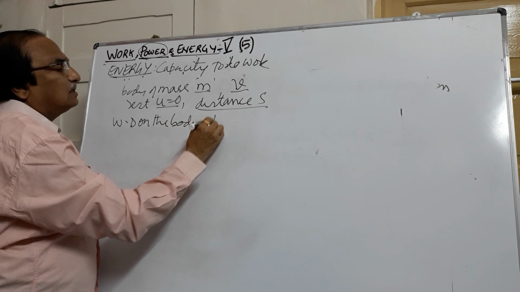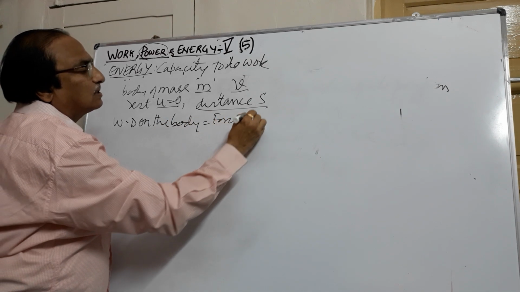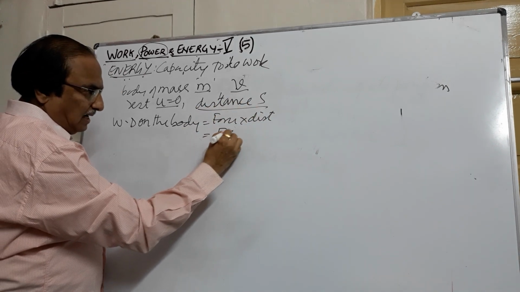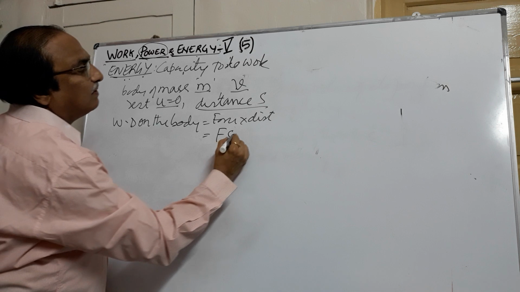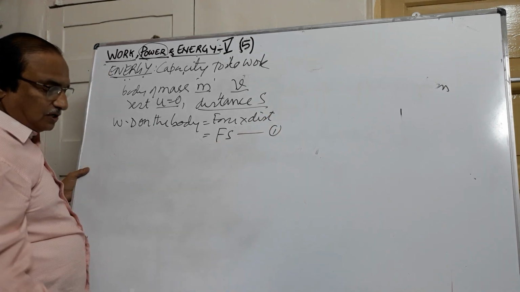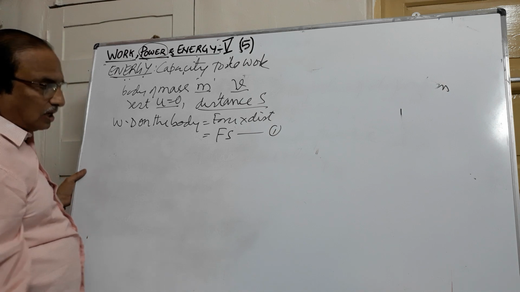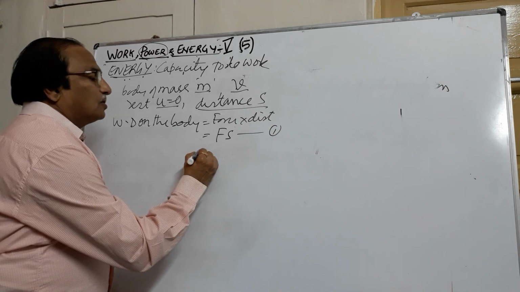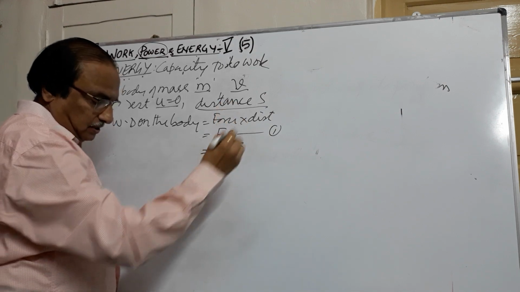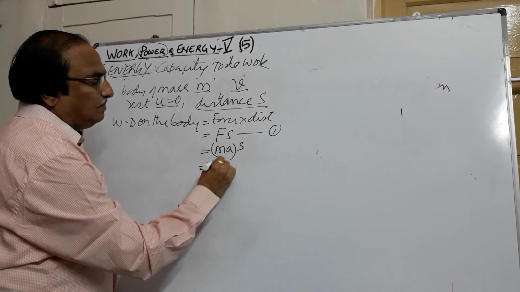we know work done is force into distance. So here if I call the force as F and S is the distance that it has travelled. We know from the equation of motion, or even from Newton's laws of motion, F is equal to ma into S. So this I can write as m into aS.